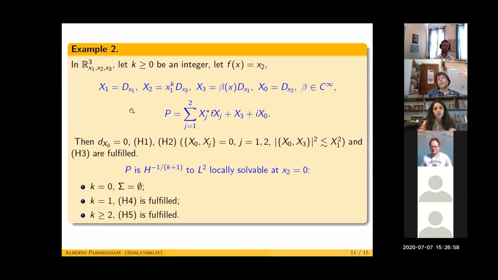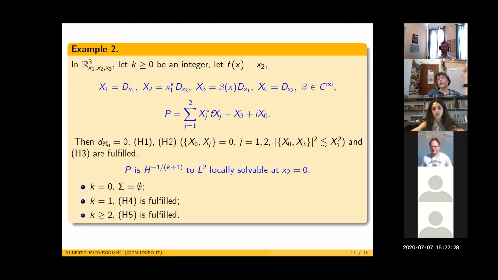Here is an example for which I want to use the Rothschild-Stein or Melin's estimate. I have to be very quick. In this case, X1 is the vector field X1, X2 is x1 to the k times d/dx3, X3 is this kind of vector field, and X0 is 0. So X3 is the n plus first vector, and X0 is our X0. In this case we consider this operator here.